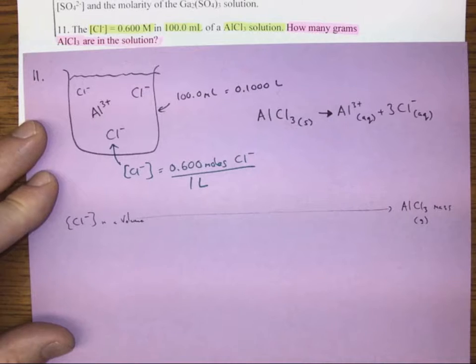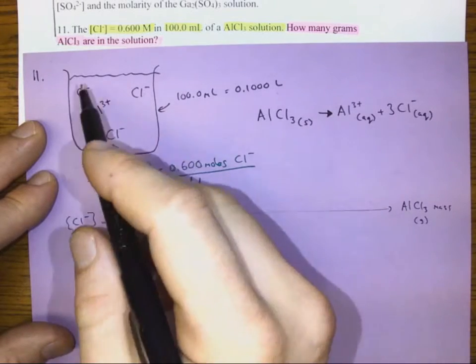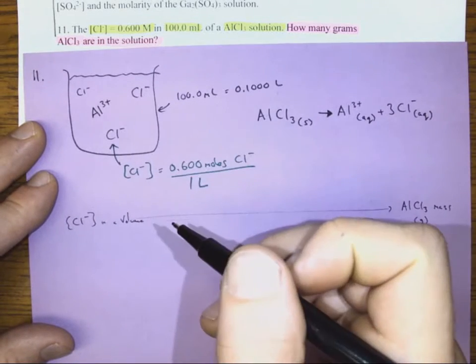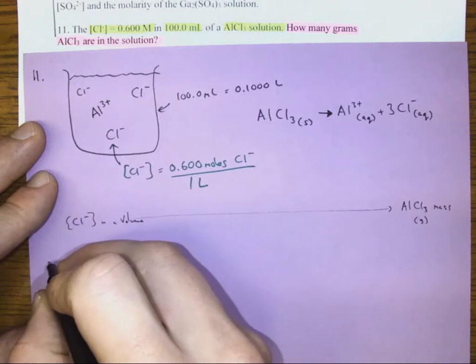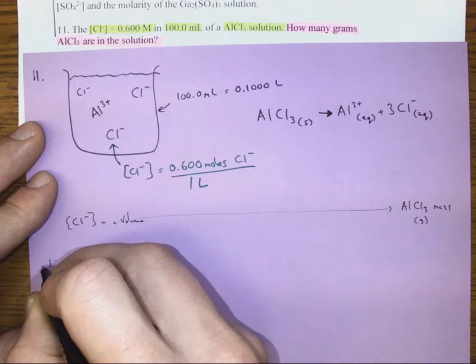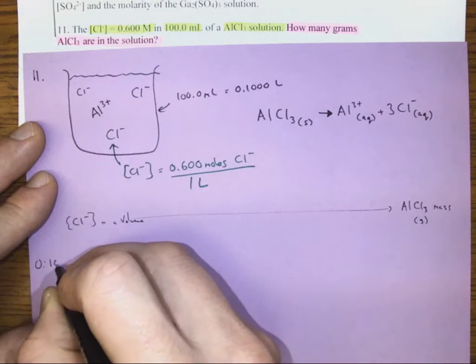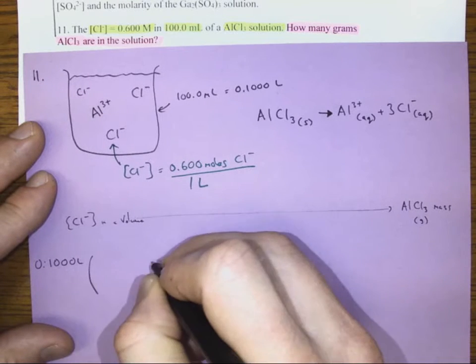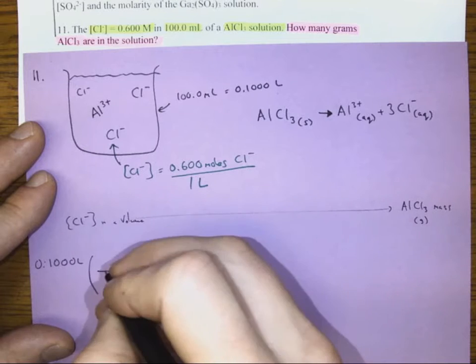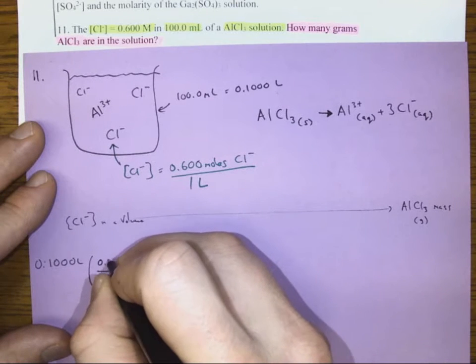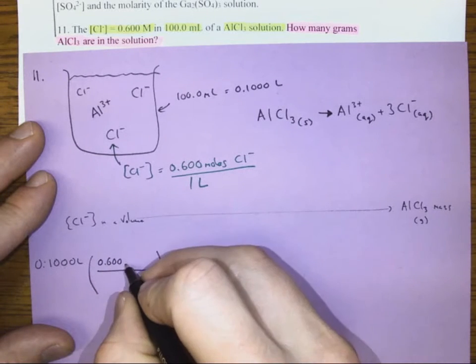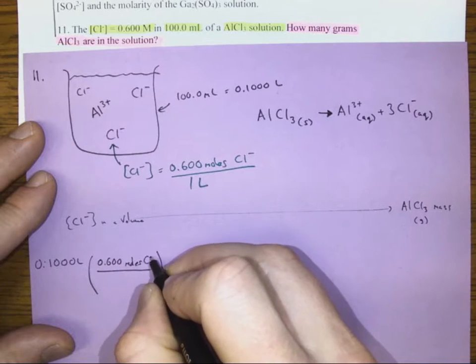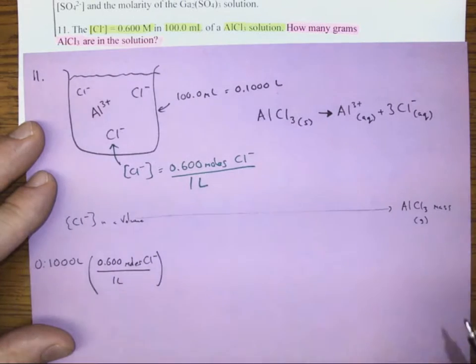To do that, the most local value we have here is this fact that we have 100 mL, or 0.1000 liters of solution. And that tells me I have 0.600 moles of chloride for every 1 liter.